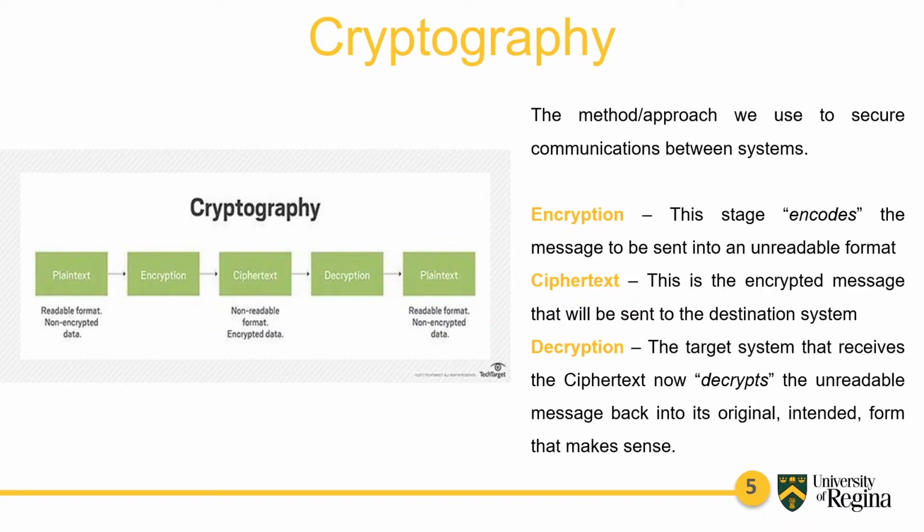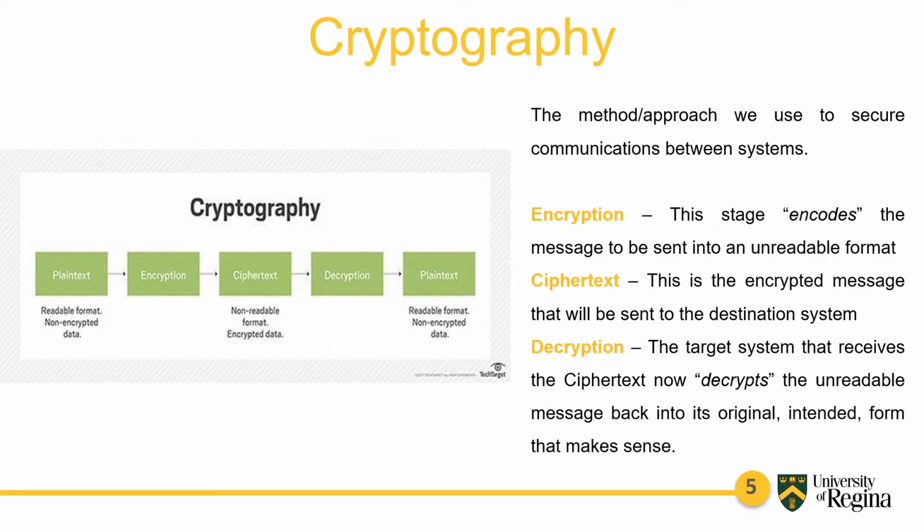Cryptography. Now, cryptography is a method or approach which we use to secure communications between systems. The word cryptography can be broken down as the study of hidden meanings in a seemingly plain set of words. Now we apply this concept to messages and information that is being exchanged between two systems. We can break the process of cryptography into three major parts.